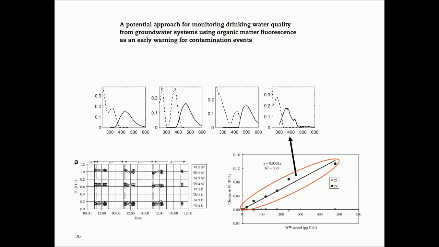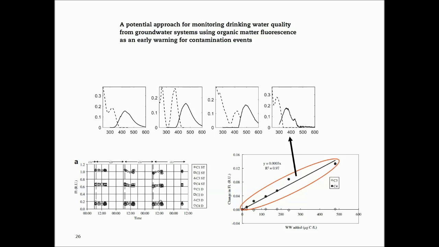So that they were really sensitively able to detect minute amounts, or very low amounts of carbon on the microgram per liter scale, which is a very low amount of carbon in terms of the average sensitivity of a total organic carbon measurement.